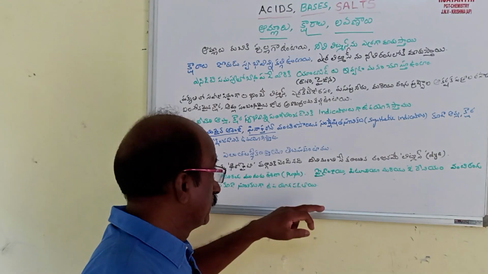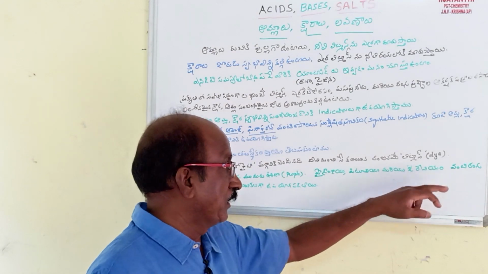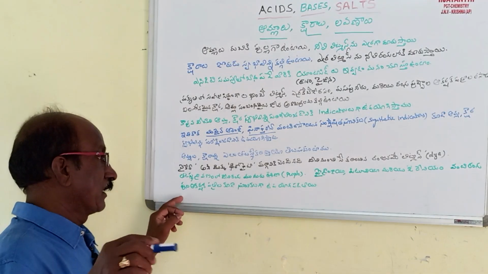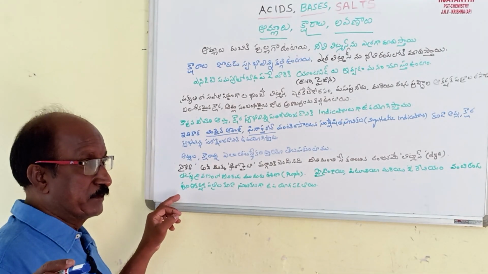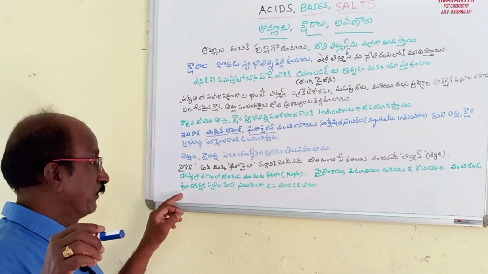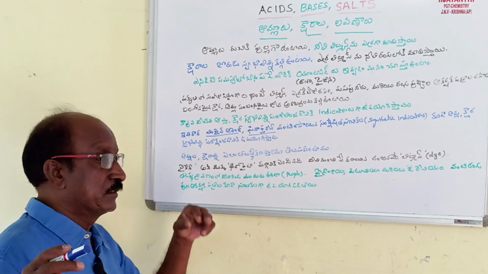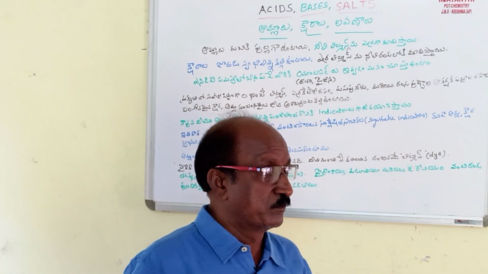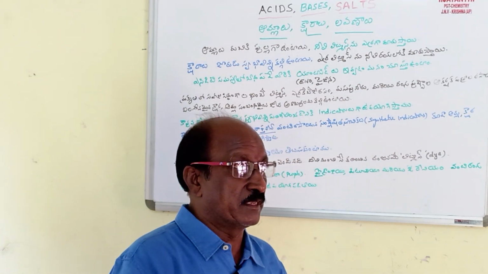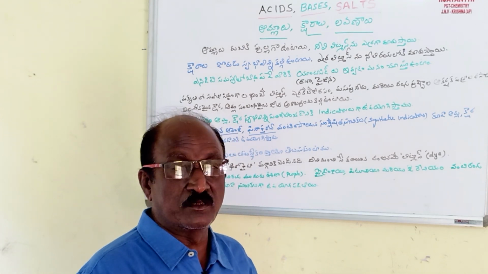Hydrangea, petunia, geranium are some other kinds of plants whose flowers and leaves are also used as indicators in testing acids, bases, and salts.